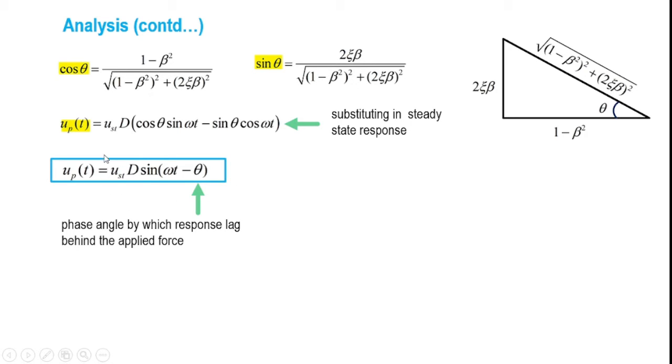Obviously, the amplitude of the motion is given by the static deformation UST into capital D. And remember here that theta is the phase angle by which the response lags behind the applied force.